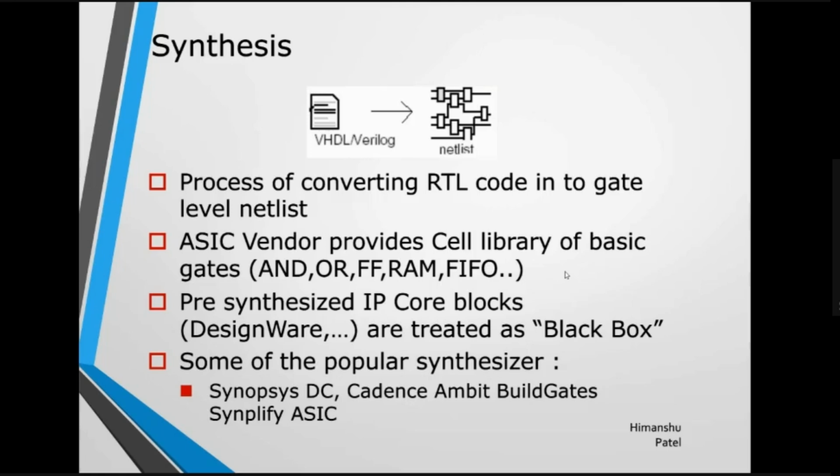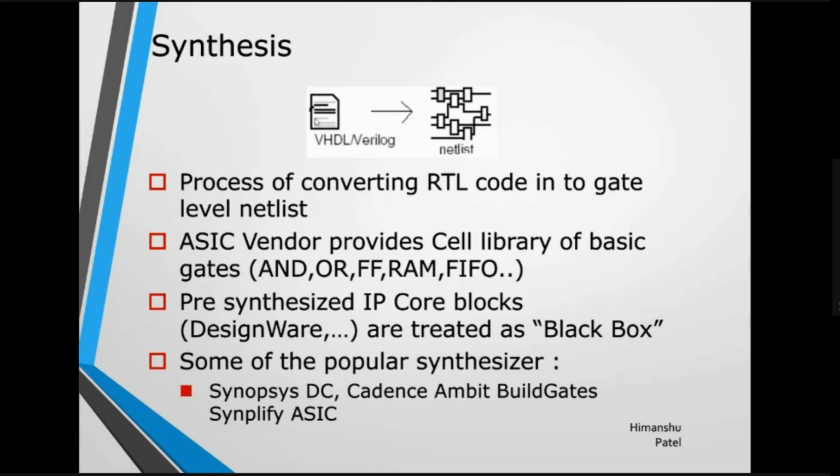In this process, you have to provide all the library cells of whatever you have used. For example, in writing the code, you might have used C equal to A and B.